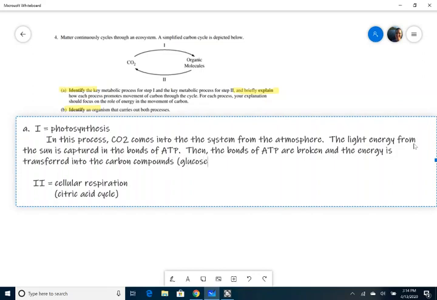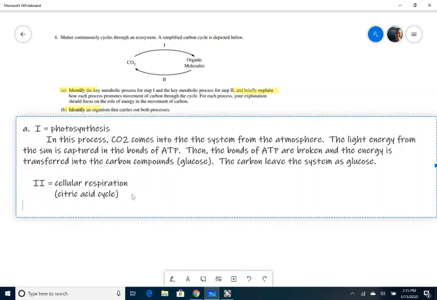And we'll just put a little detail there for glucose. And then the carbon leaves the system as glucose. And so then we're going to do the same thing down here.